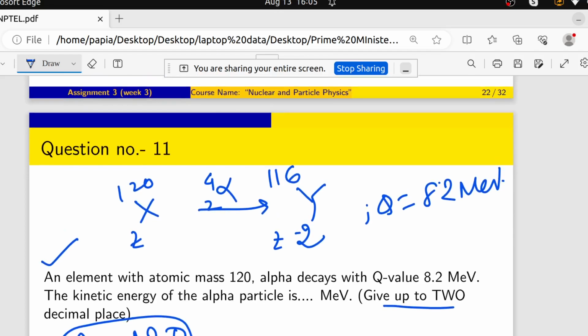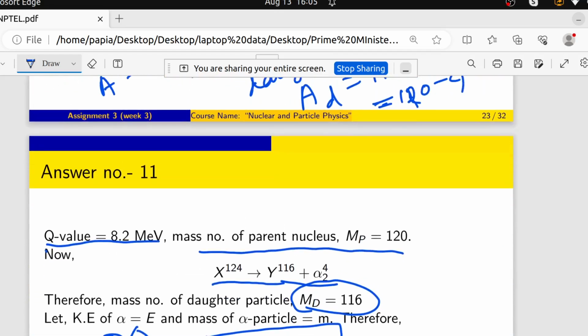As we have written alpha 2, 4, M is the mass of the alpha particle, which is nothing but 4. We are just putting these values here. M we know as 4, MD has already been calculated as 116, and Q is given as 8.2.